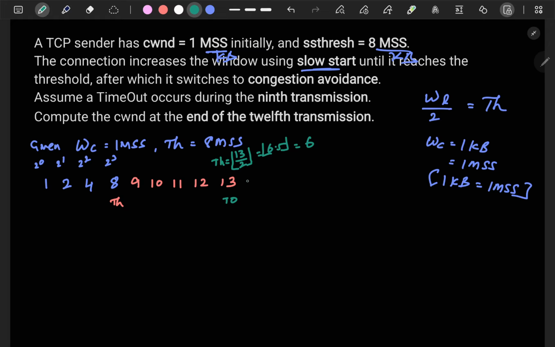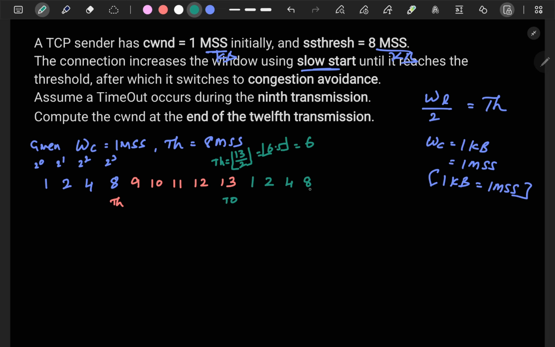Then what will happen after this? When a timeout occurs, after calculating the new threshold, it enters the slow start phase. It will again start from 1 MSS, then 2, then 4, then 8. But you have to look at the threshold.